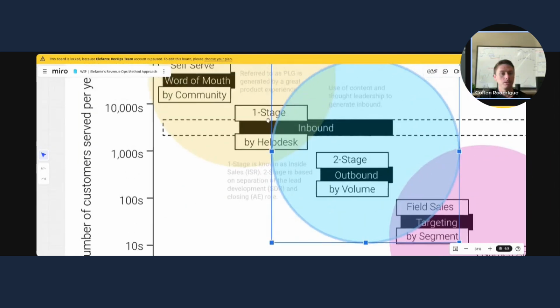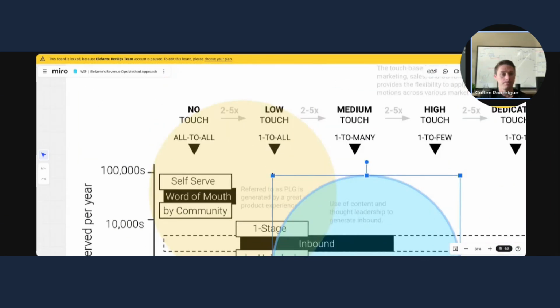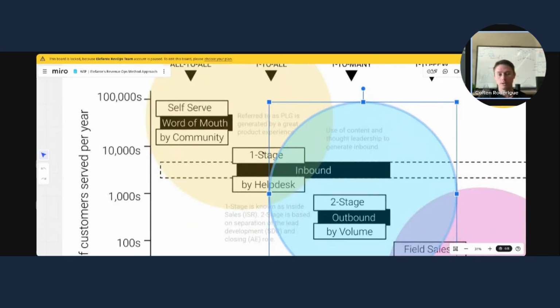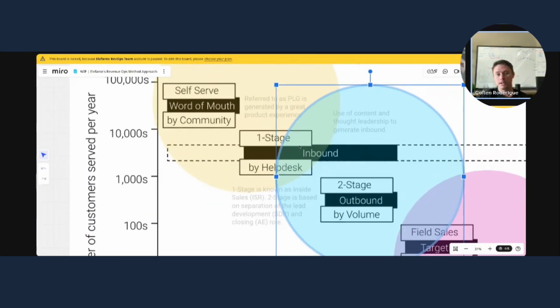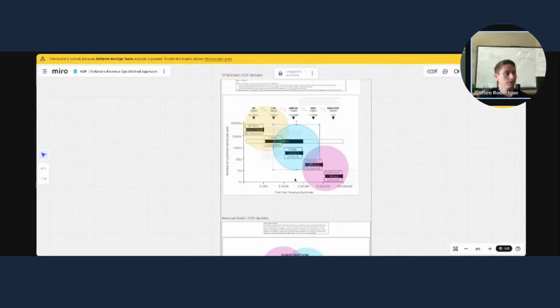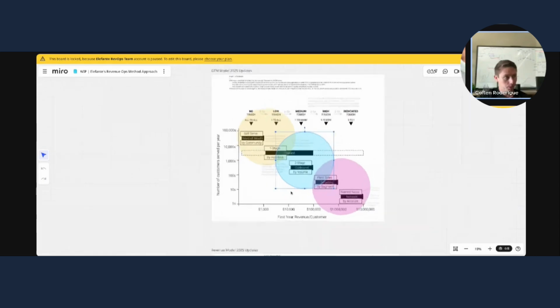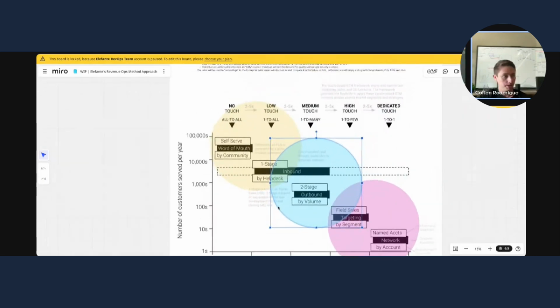Now, then we go to a low touch motion, right? And then we start getting involved with a sales team, right? So this is what we call a one-stage sales process. So with sales teams, there's several different motions when it comes to sales, right?